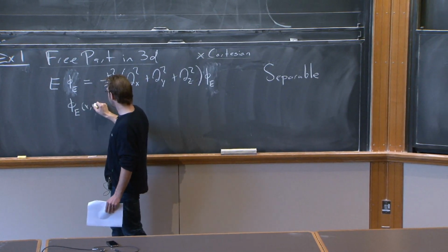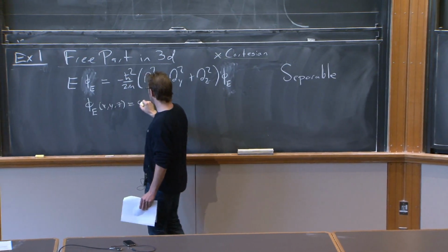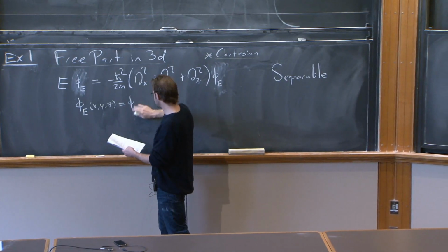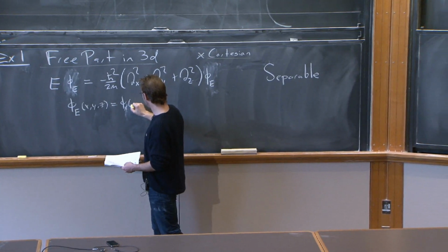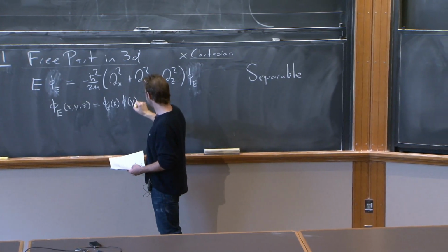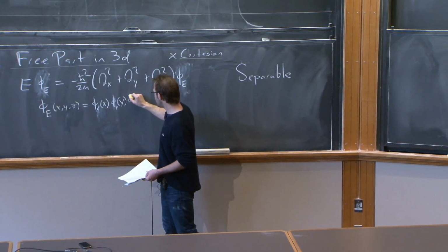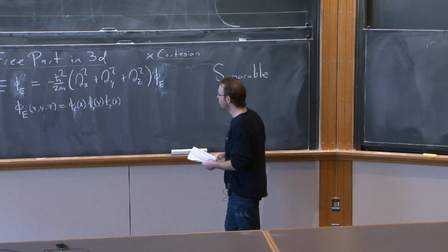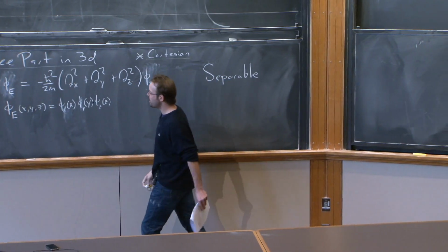Phi E of x, y, and z is equal to phi sub x of x times phi sub y of y times phi sub z of z. And if we take this and plug it in, let's see what we get.